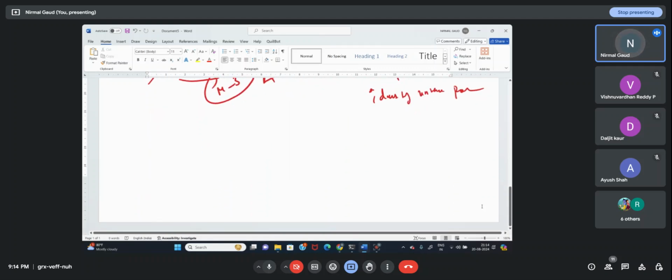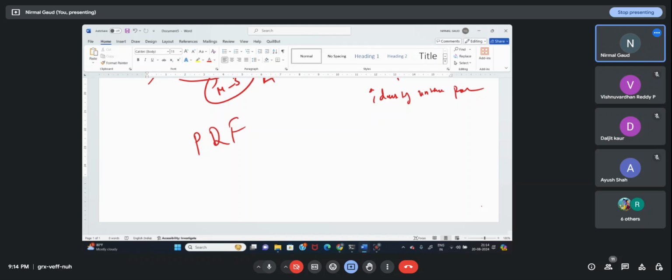Okay, and in continuous, we have a function called the PDF, probability density function. In discrete, you have seen the PMF, probability mass function, but here we have a density function, the probability density function. Here also I have a random variable x, and it is defined over this function.